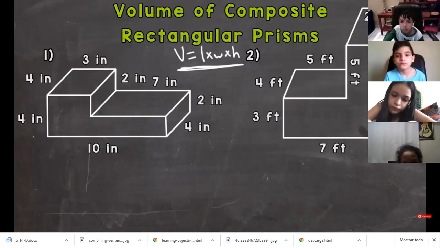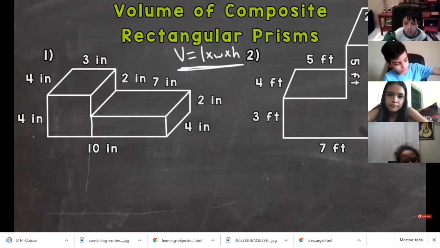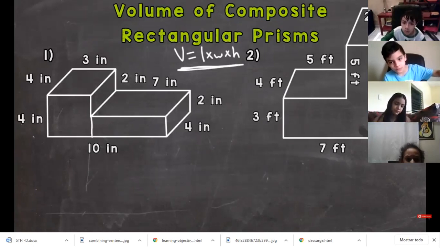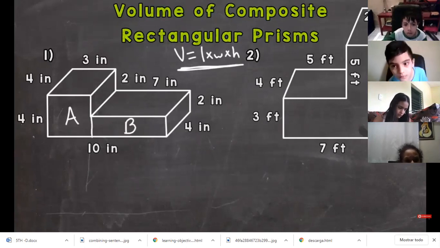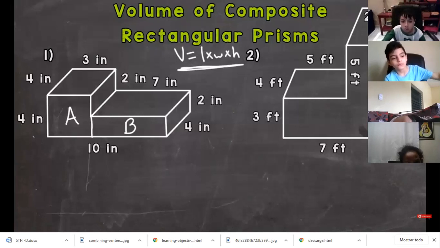I'm going to draw a line that separates this into a left and right rectangular prism, calling the left-hand one A and the right-hand one B. Now we're going to find the volume of A, the volume of B, and add those together. That's going to give us the volume of the composite rectangular prism.